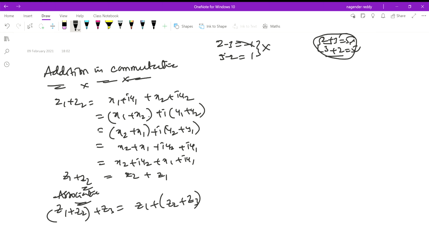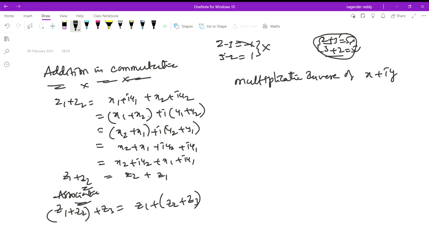So here this is the concept of multiplication, and we have a very important question, that is the multiplicative inverse of a complex number. This is important. We'll go for the general formula directly.